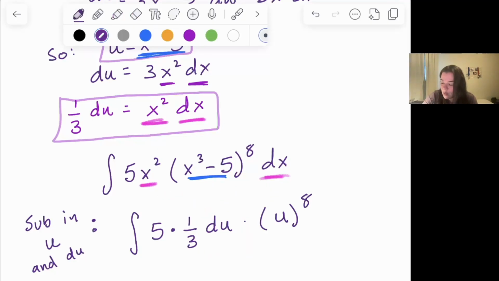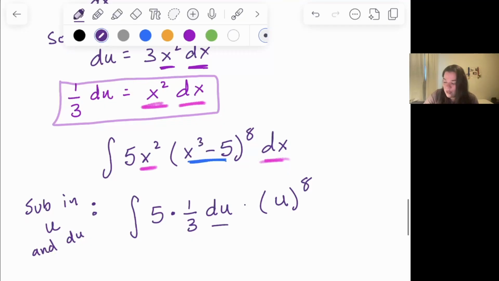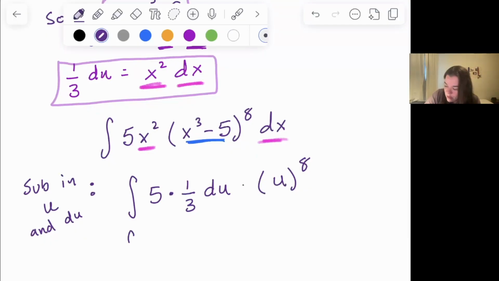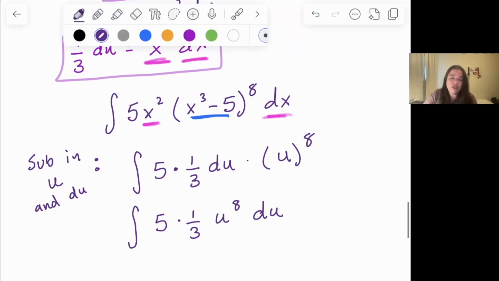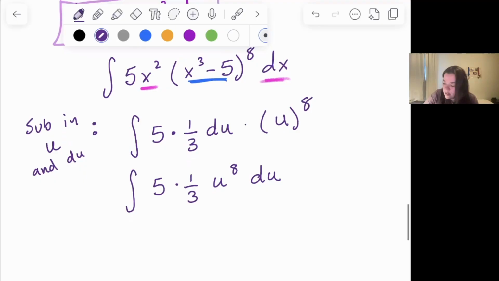Now, it's not common form to have du mixed in with the integrand. There's nothing wrong with it. It's just not common form. So normally you're going to see this written as u to the 8th du. Since u is a single term, I don't need parentheses around it. Notice I have a couple constants here. I can combine those. This is 5/3 u to the 8th du.